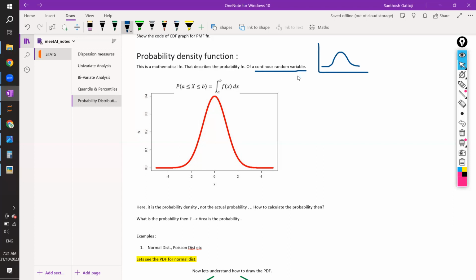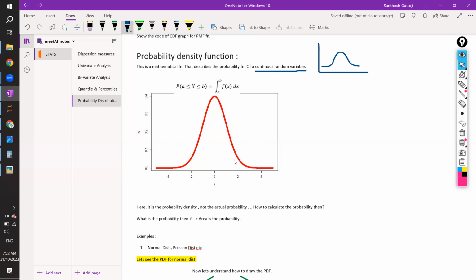If you want to find the probability of any given value, you need to calculate the area.